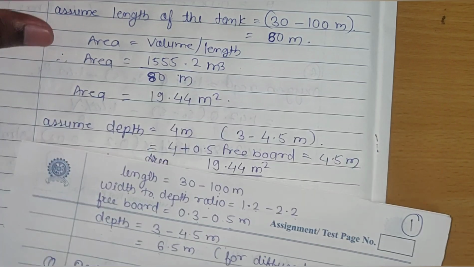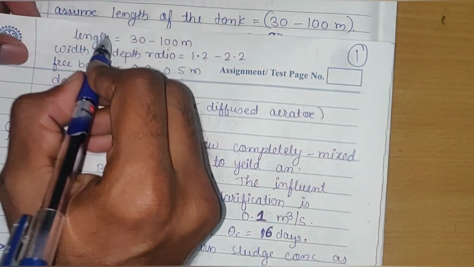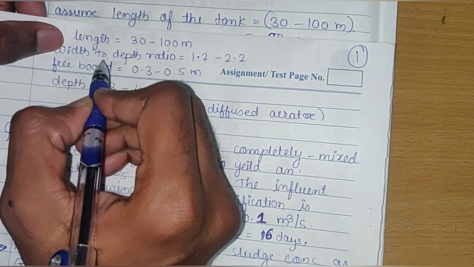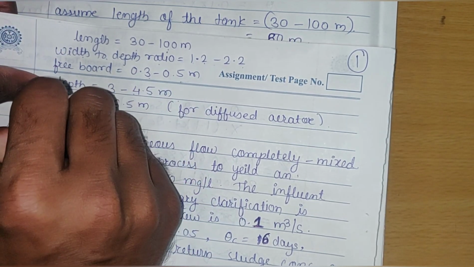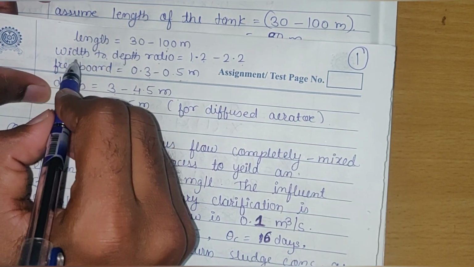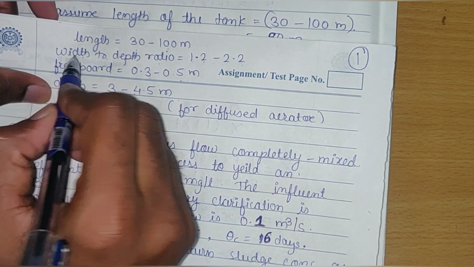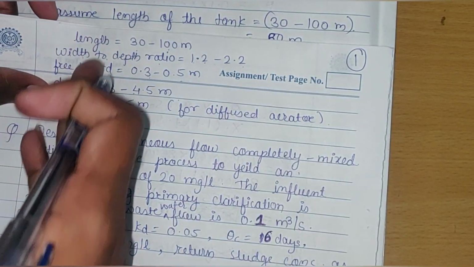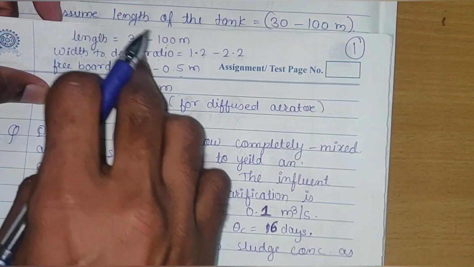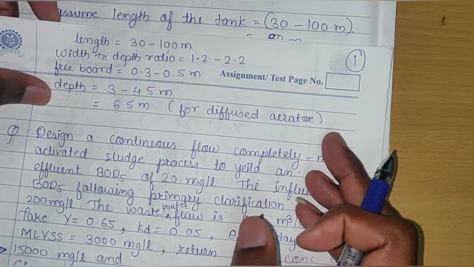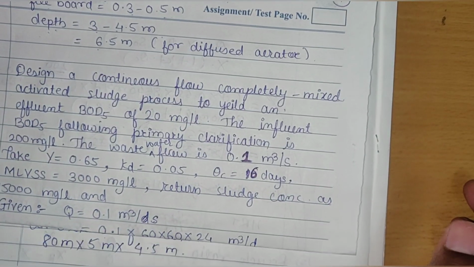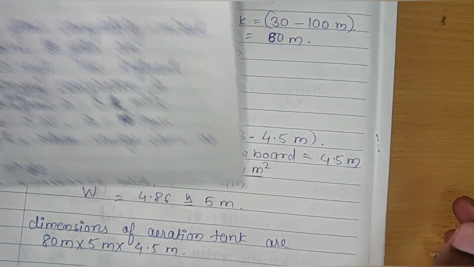In this numerical we have assumed the length, then found the area, then assumed the depth, and then found the width. So you can assume any value from these considerations, and you can find the LBH for the aeration tank.